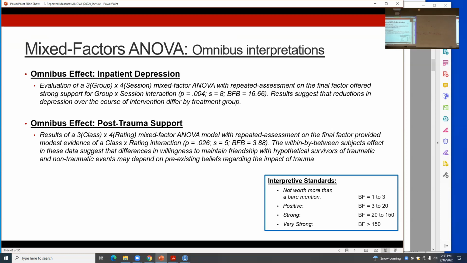Okay, in the assignment, we've got a 2 by 2 by 2, right? So what does that 2 by 2 by 2 mean in terms of design? What have we added to that one? Is it the two between and then one within? Yeah, we've got 2 between factors and 1 within factor.